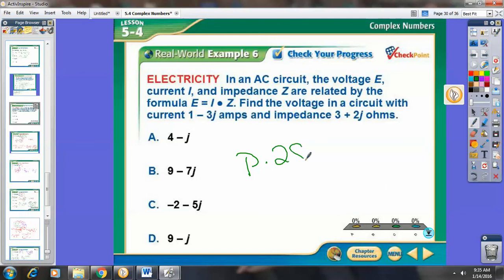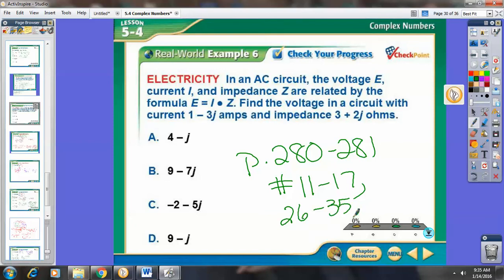We're on page 280, 281. Numbers 11 through 17, 6 to 35, and 61.